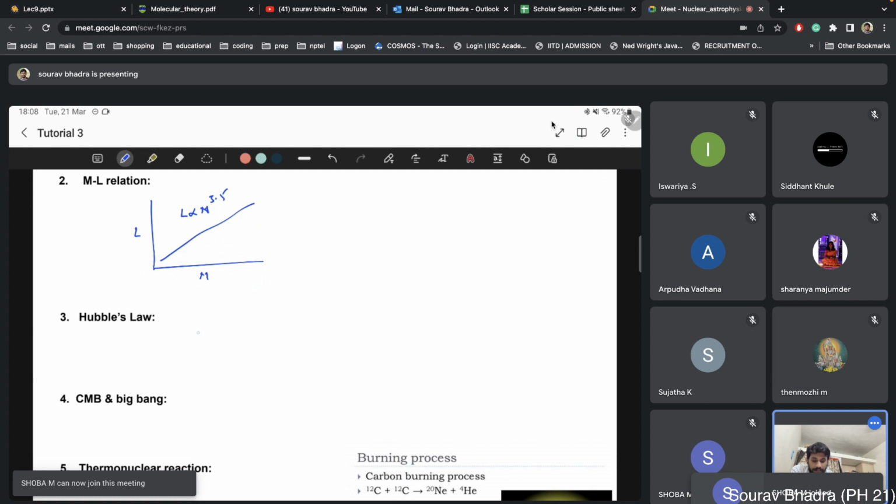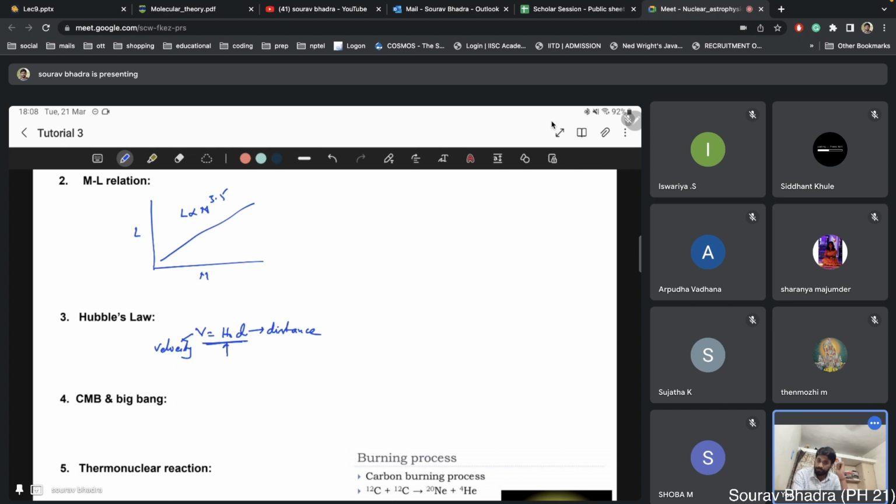Velocity can be written in terms of H0 d, where H0 is the Hubble constant, d is the distance of that astrophysical object from the measurement point, say from the Earth, and v is the velocity of that object. So this is the famous Hubble's law, v equals H0 d. We have done mathematics using this particular law, and we calculated the velocity of a particular object.